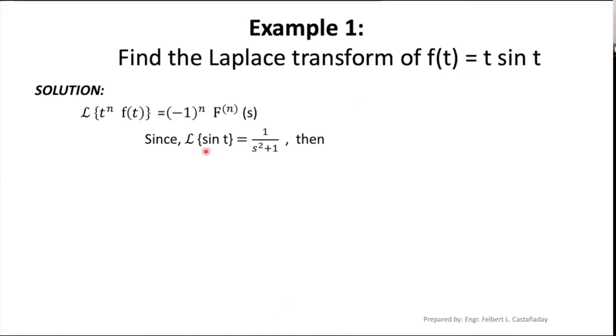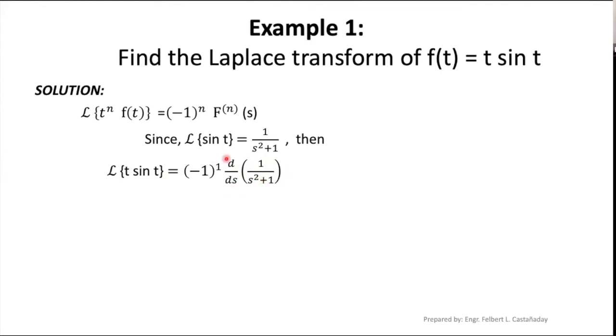The Laplace of sine of t is 1 over s squared plus 1. And because of t here, we need to differentiate this transform to obtain the Laplace of this given function t sine of t. Following this formula, we have a negative factor, negative 1 raised to 1, so we have negative. Now you write the Laplace transform of f of t.